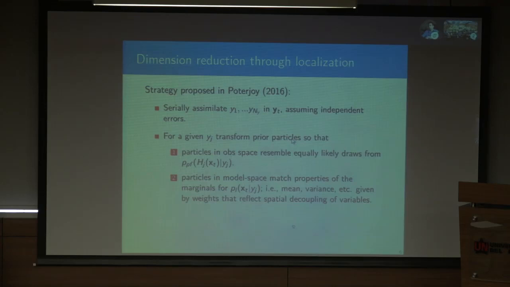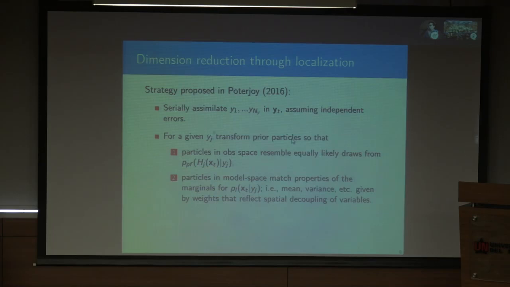And so the strategy I adopt for this localized particle filter approach is to assimilate observations either one at a time or in batches. And so what I'm going to do is apply a serial set of update steps that looks a lot like what we apply for serial ensemble Kalman filters. And for a given batch of observations or single observation, the idea is to transform prior particles so that the obs-space representation of this PDF looks like a particle filter approximation.